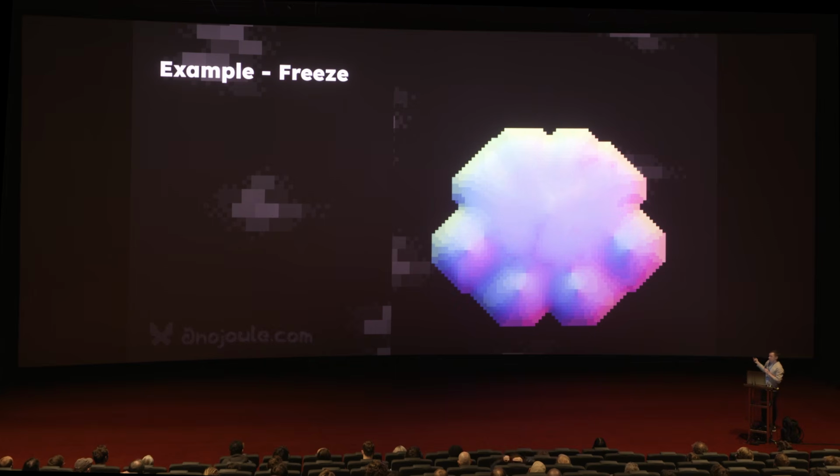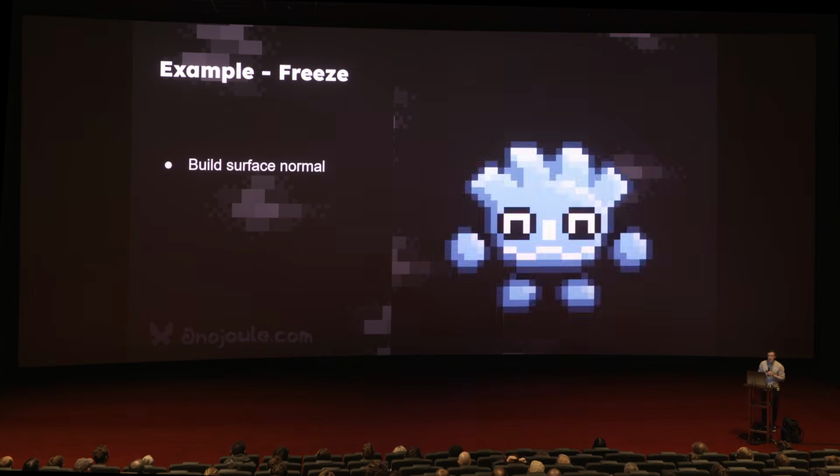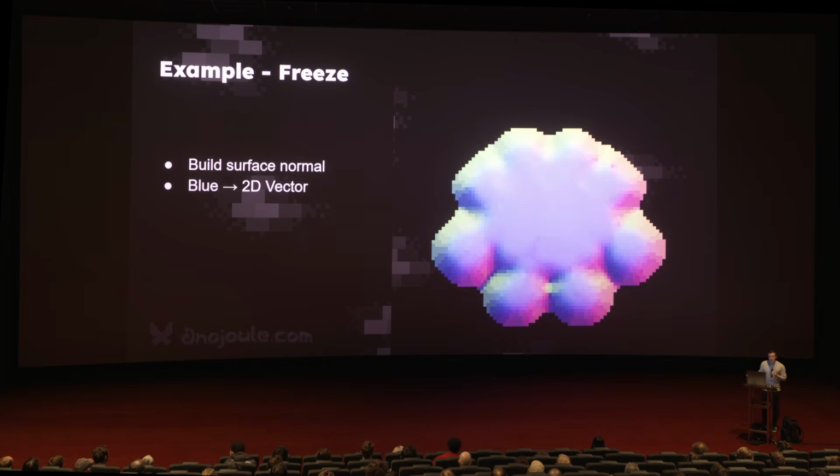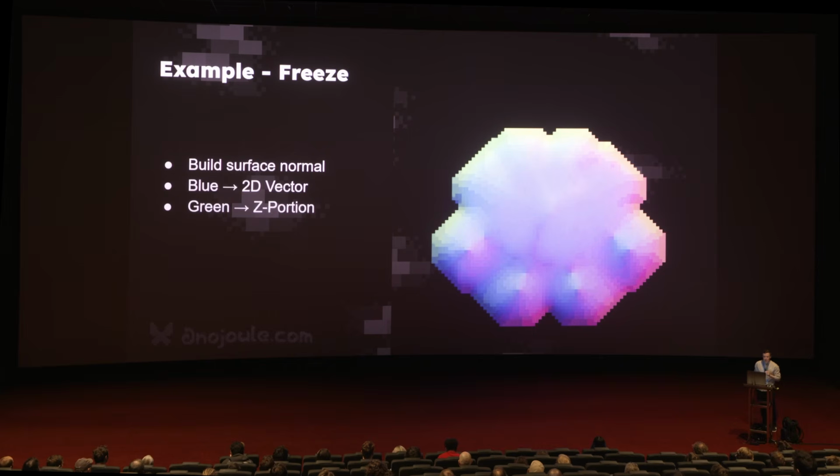And then we can combine these to create the normal map. So then we use the blue channel again, because we now are in a different shader. We have to use the angle and get the 2D vector again. And we use the green channel from earlier to determine the Z portion.